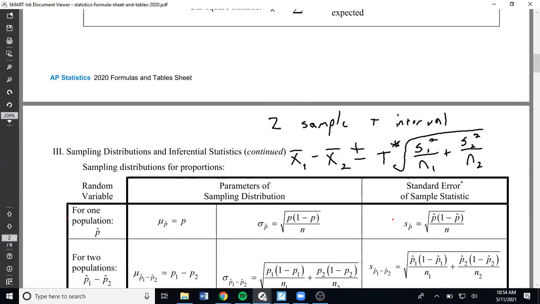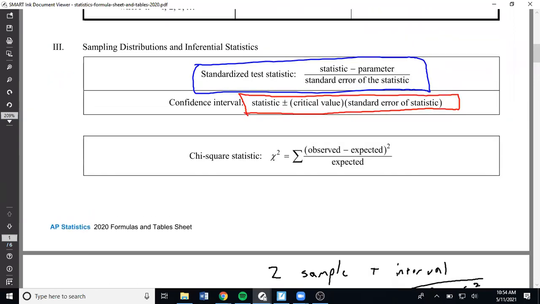Make sure that the whole structure is in whatever formula you're using. For hypothesis tests, this would be on the top of the fraction, minus whatever the null hypothesis says, which will probably be 0. And then this square root thing goes on the bottom of the fraction, because it's the standard error of the statistic.